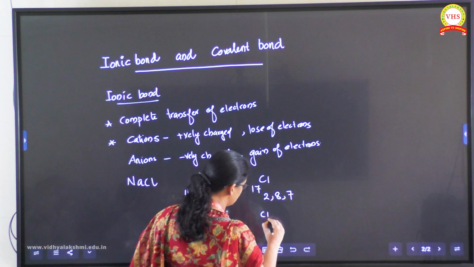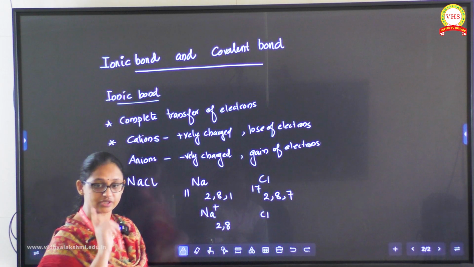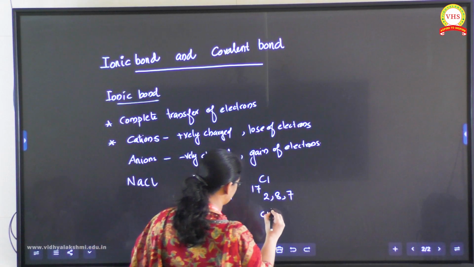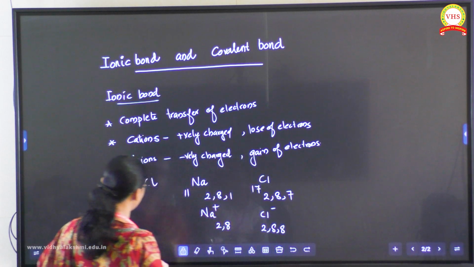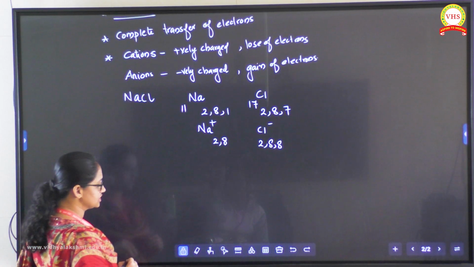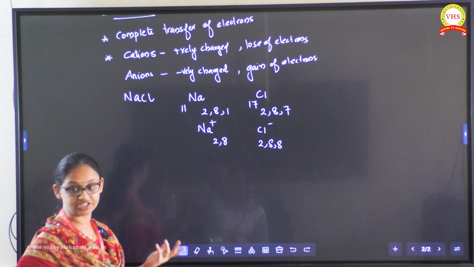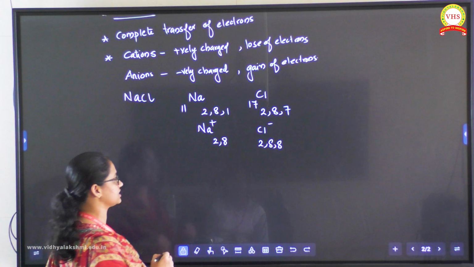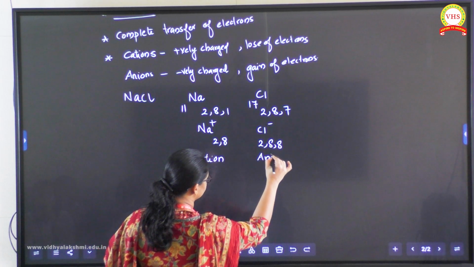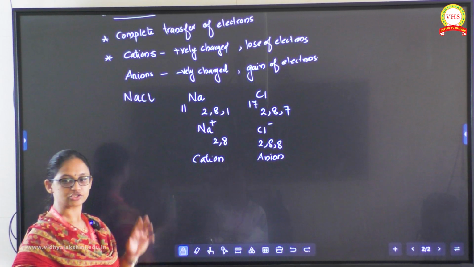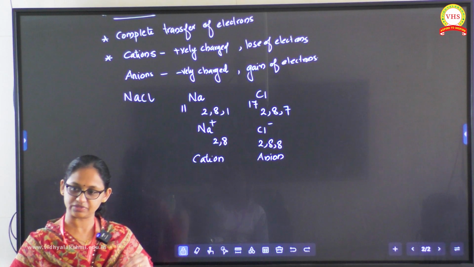Here in chlorine, 7 electrons are there in the outermost shell. It will accept 1 electron from sodium and become negatively charged and the electronic configuration becomes 2,8,8. Now sodium is positively charged, a cation, and chlorine is negatively charged, an anion. Sodium transfers 1 electron to chlorine, and chlorine accepts that electron.